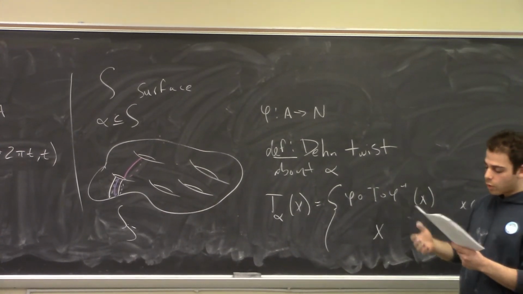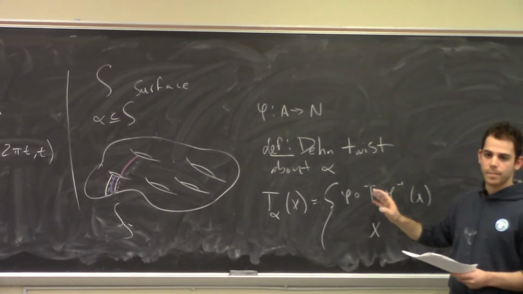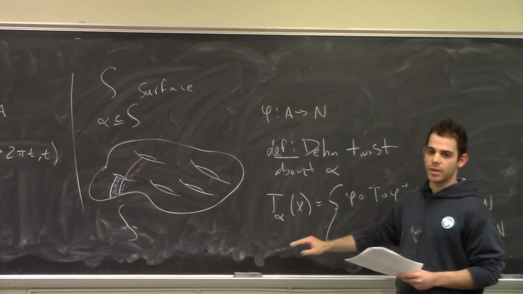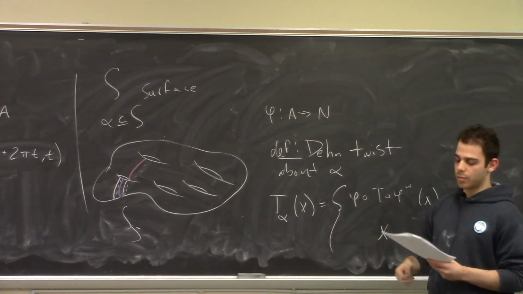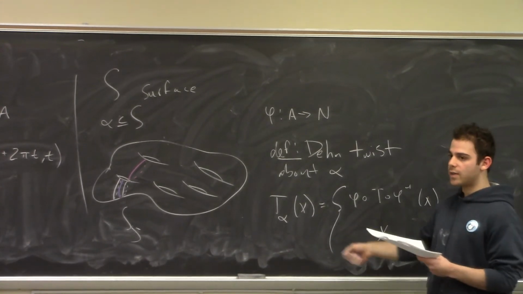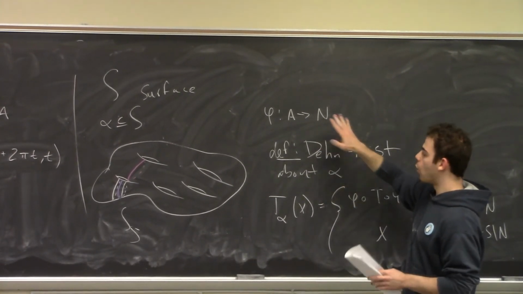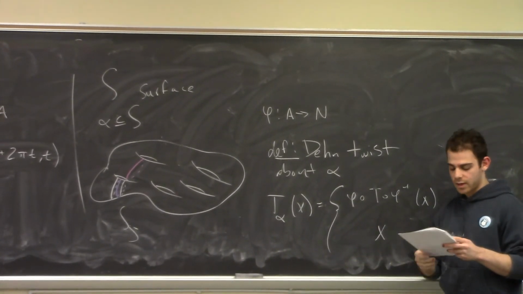But what's really cool is that while the individual function depends on these parameters, first of all, you can show that it is a non-trivial element of the mapping class group. And as an element of the mapping class group, the isotopy class of this T alpha doesn't depend either on the choice of N or the choice of phi, right? So individual functions do, but its isotopy class doesn't.